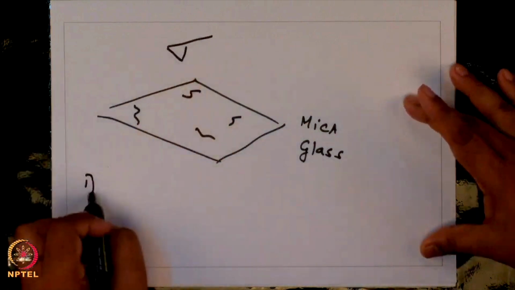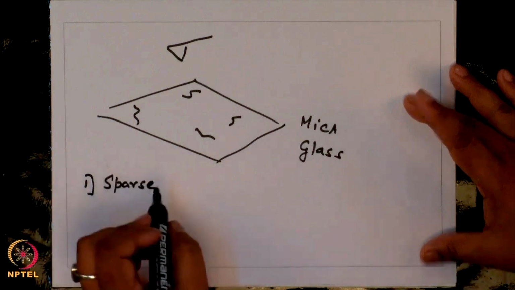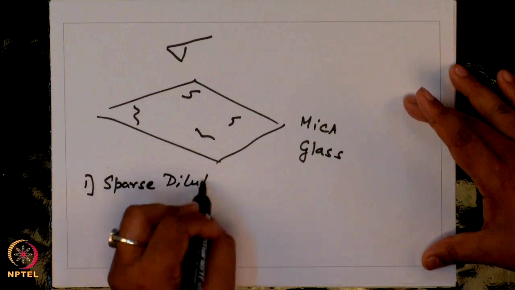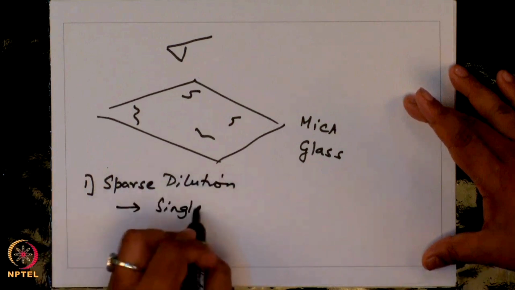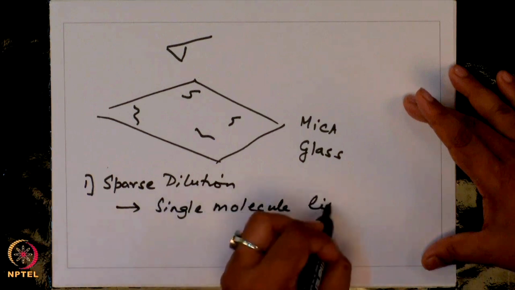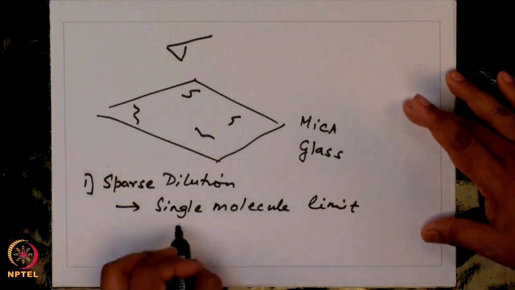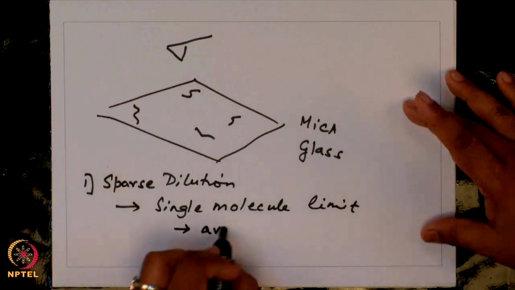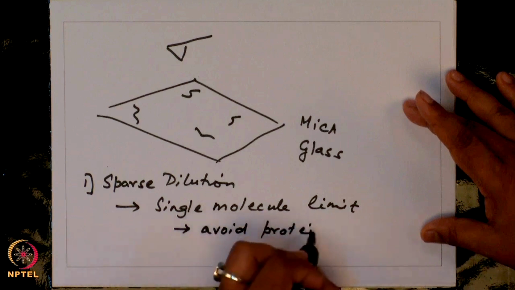Now, one thing to note is you want to operate at the sparse dilution, or rather almost at the single molecule limit, okay, at the single molecule limit, so that you can avoid protein aggregation.